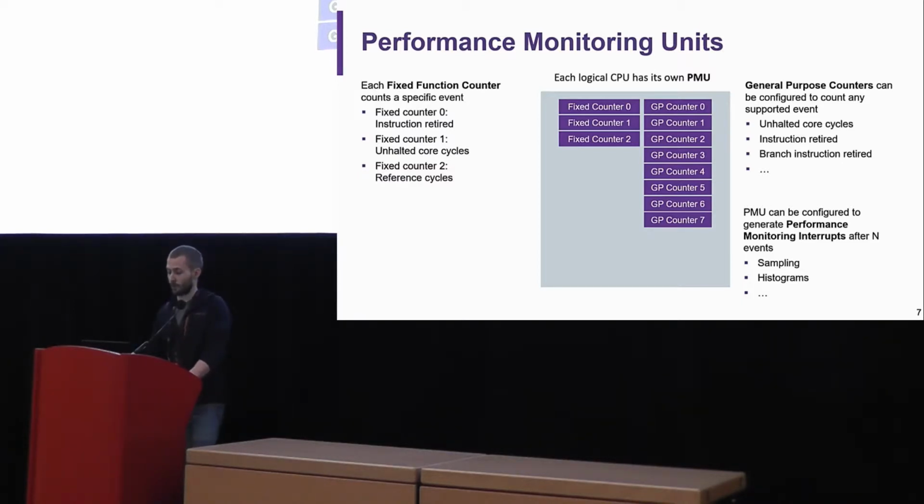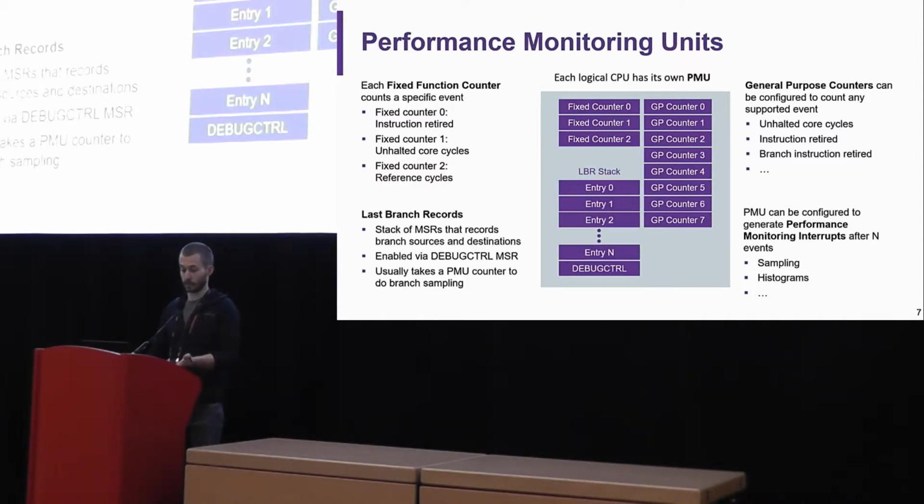Because of this trade-off, sampling individual IPs isn't going to be a solution. For some cases where you want to, say, get a stack trace without frame pointers, or you want to analyze which branches are hot and which branches are cold, you need better precision of your IP. That's where last branch records come in.